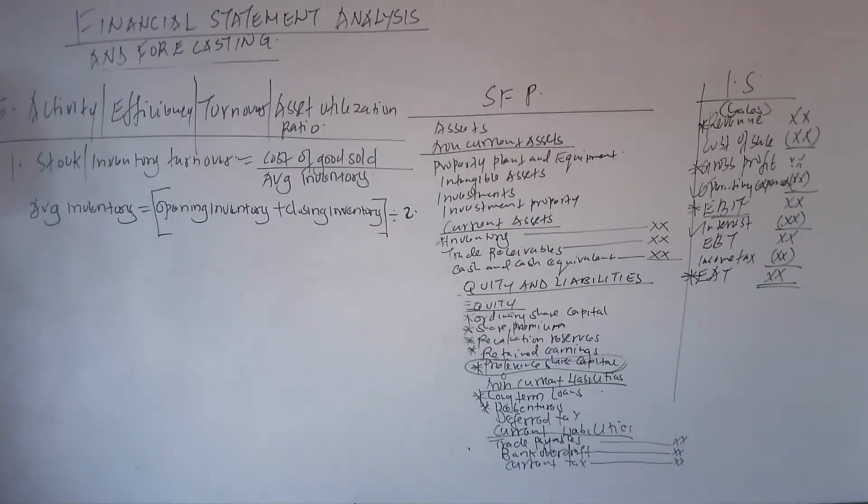Then we go to number 2. Number 2, we have debtors or receivables turnover ratio.